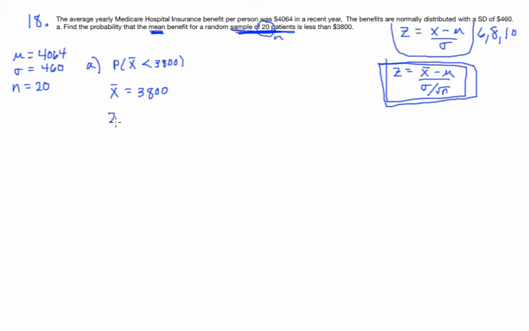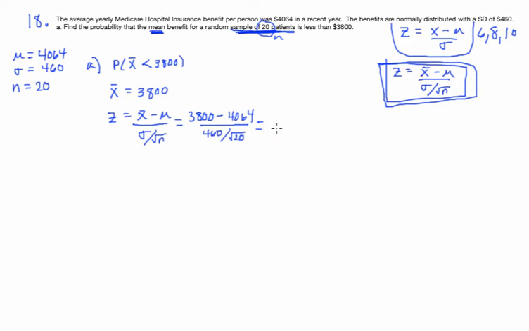So find the z-score that goes with that mean of 3,800. So my 3,800 minus the population mean divided by the standard deviation divided by the square root of 20.